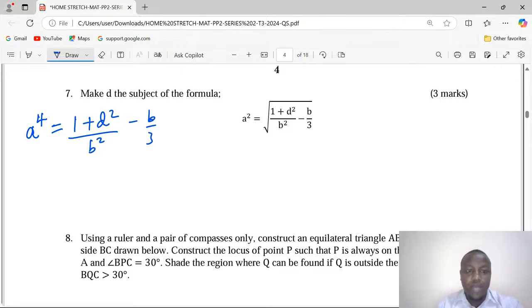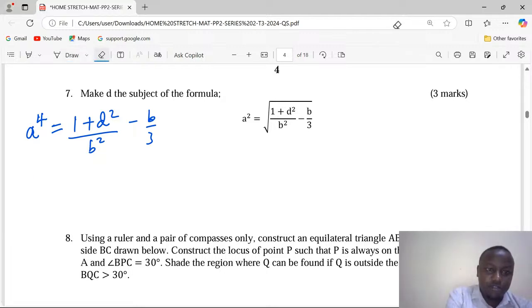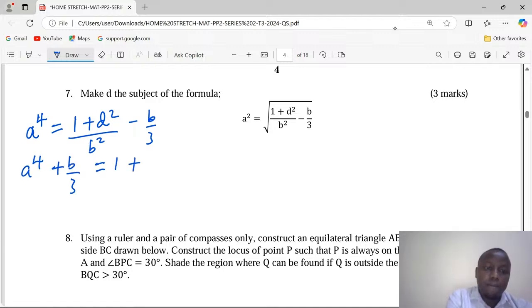We can take b out of 3 to the left-hand side such that we have a power 4 plus b out of 3 equals 1 plus d squared, everything over b squared.